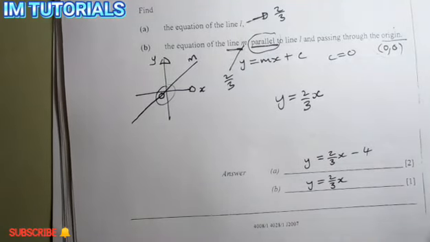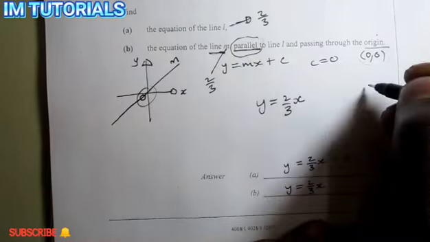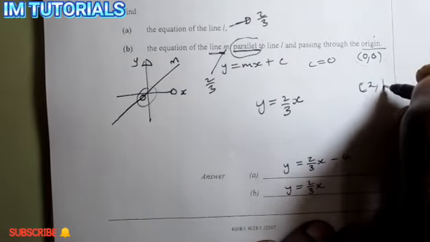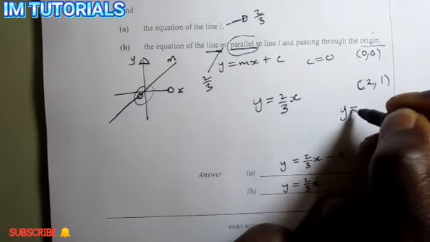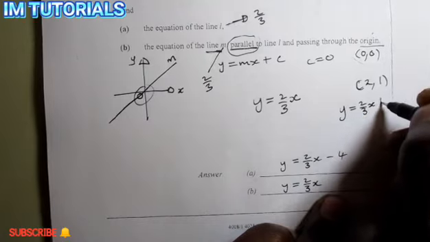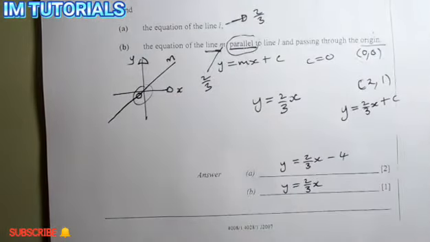But for example, you may be asked to find the line M which is not passing through the origin. Maybe the line is passing through the point (2, 1), and (2, 1) is not the origin. How are you going to find that line? The first thing to do, you write y equals 2 over 3 x plus c, since M and L share a common gradient.